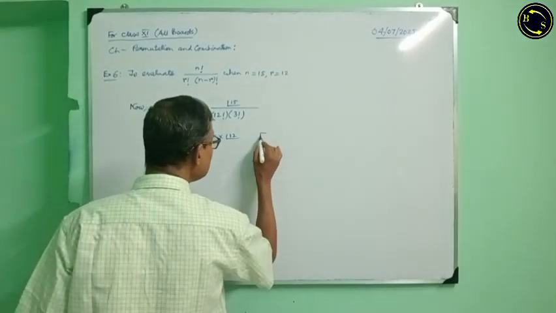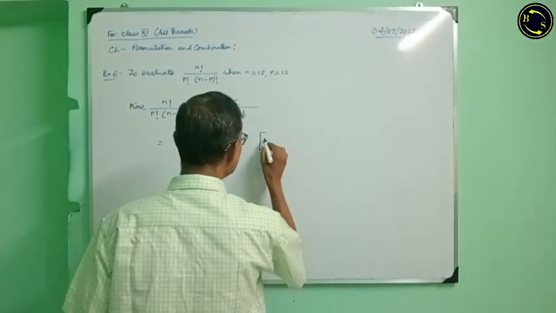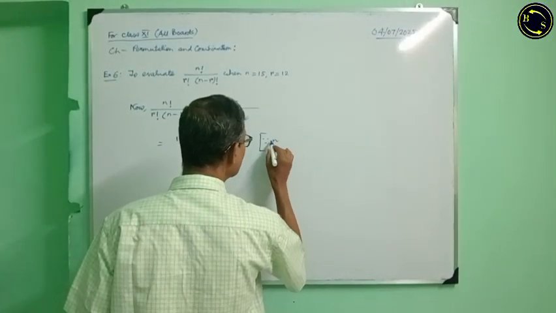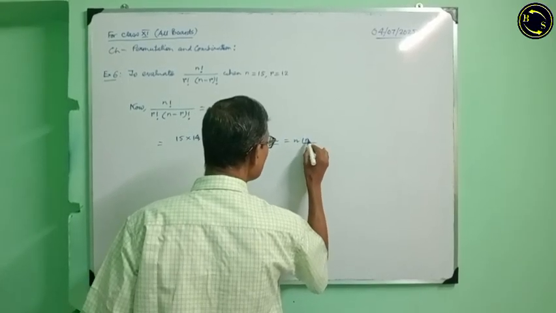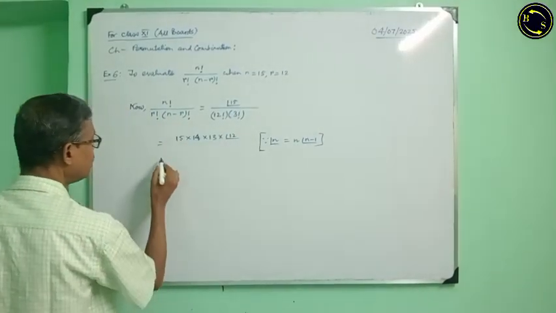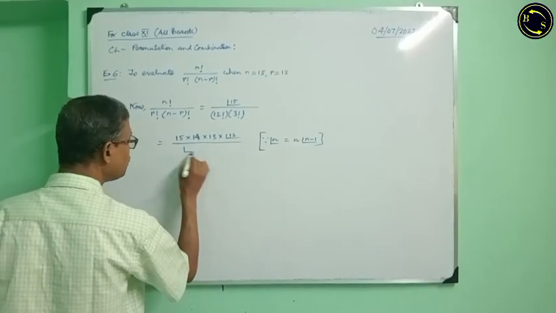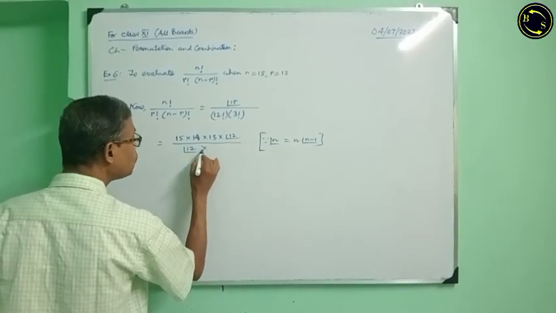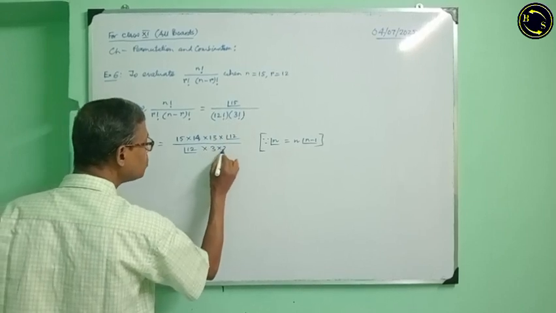You can mention in the initial part, since n factorial equal to n into n minus 1 factorial, divided by factorial 12 into factorial 3 means 3 into 2 into 1.